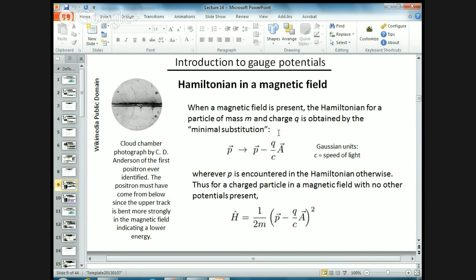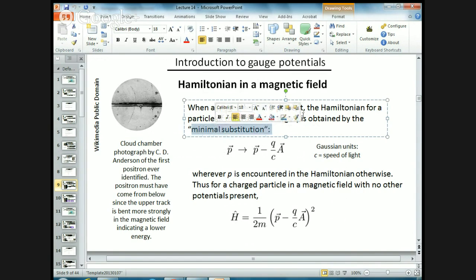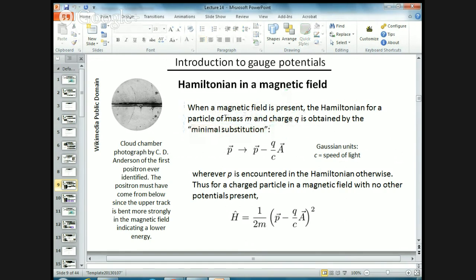And so there's this principle of minimal substitution that says when you have a particle of mass m and charge q, and you have a Hamiltonian with no magnetic field, then to turn on the magnetic field, you replace the momentum operator by the momentum operator minus q over c times the vector potential, whenever the momentum is encountered in the Hamiltonian.